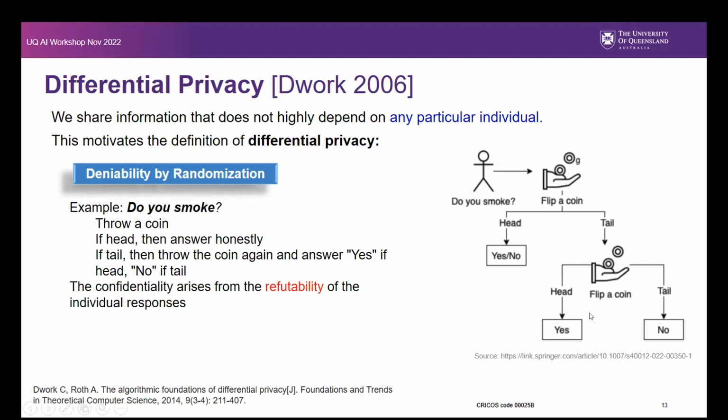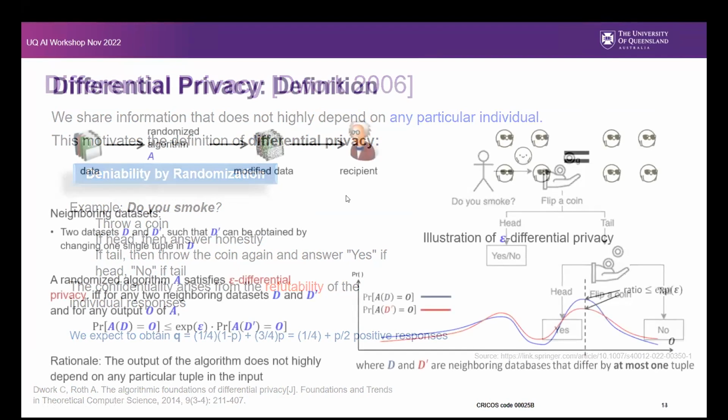Otherwise, I introduce 75% noise. After I collect your true data and also the noise data together, I can still do accurate statistics based on this data collection process. And that is the idea from the differential privacy algorithm.